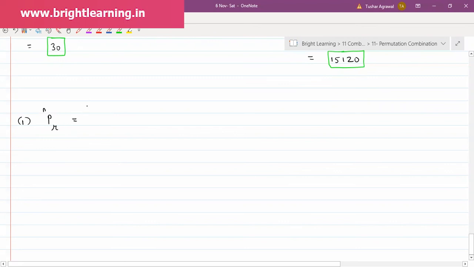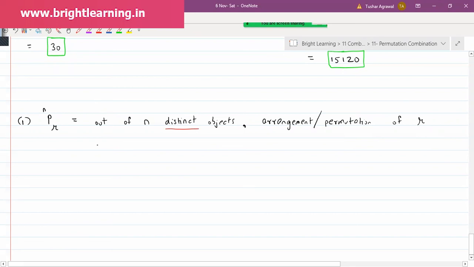The standard question is: out of n different objects, out of n distinct objects, distinct word is important, number of ways of arrangement, or call it permutation, of R objects, where obviously R is greater than or equal to 0, less than or equal to n. And n and R are all natural numbers. We're dealing with natural numbers.